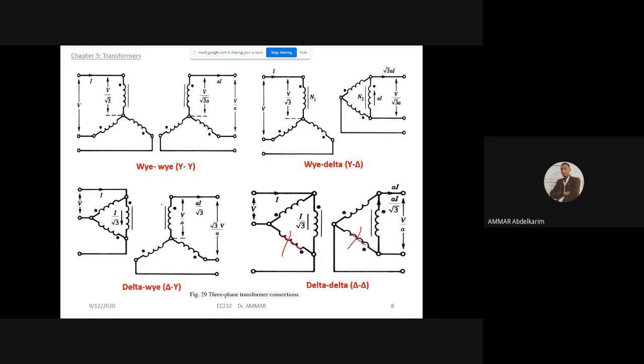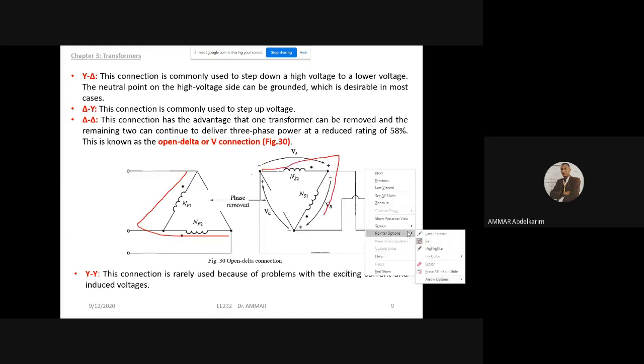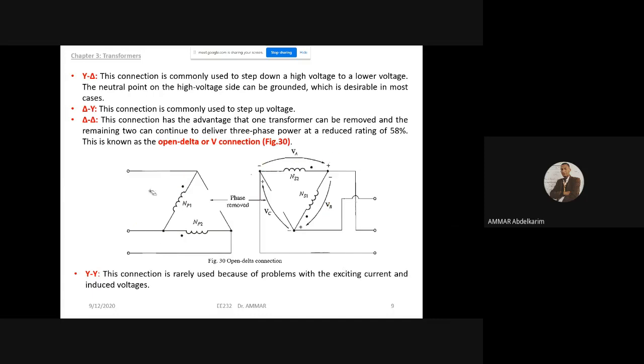In this delta-delta connection, for example, we can remove one transformer, one coil here, and we call it the open delta connection, or we can call it the V connection because it looks like a V. This type of connection can work with 2 transformers, because we have removed 1 transformer, but at a reduced power level, 58%.